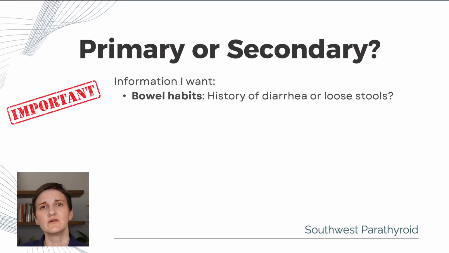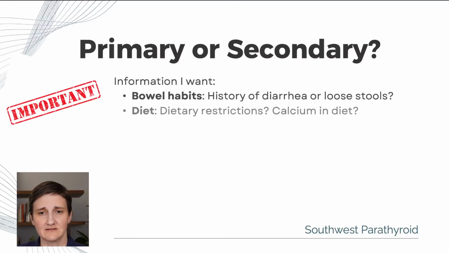They make more hormone and it brings the calcium up, usually at the expense of your bones. But you're losing so much calcium into your stools, and your parathyroid glands keep making more hormone, and that's why you get that picture of the normocalcemic. So that's the first thing I'm asking about.